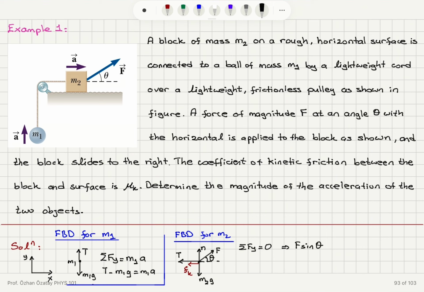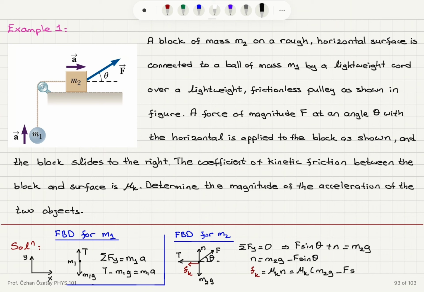And this gives us for N, m2g minus F sine theta, and this basically tells us what the kinetic friction force should be. It is the coefficient of kinetic friction mu k times the normal force. Therefore, this is mu k times (m2g minus F sine theta).